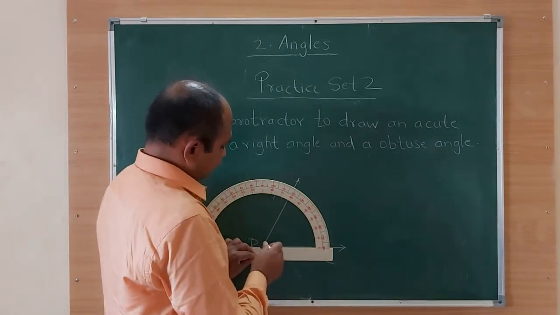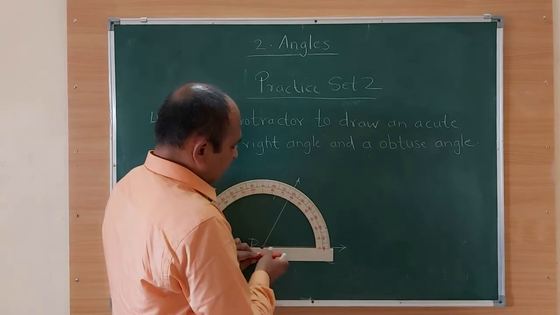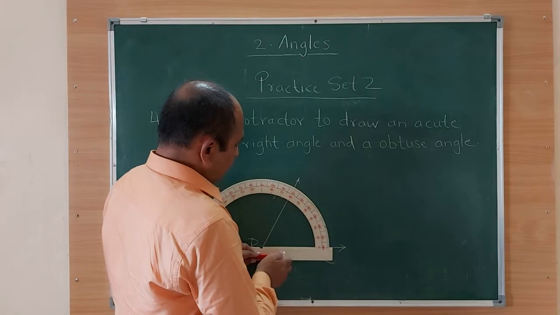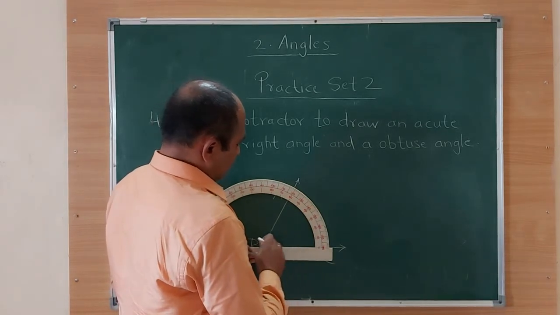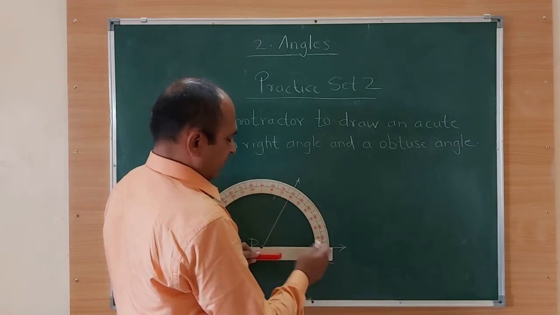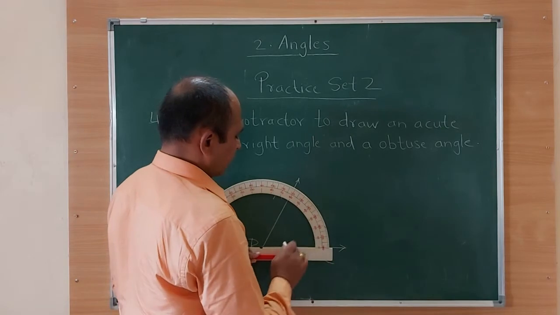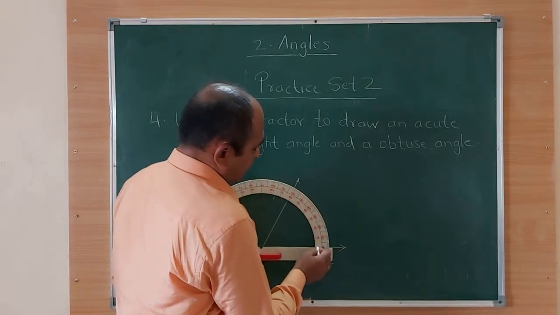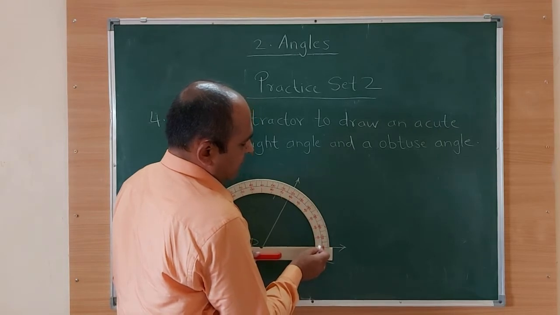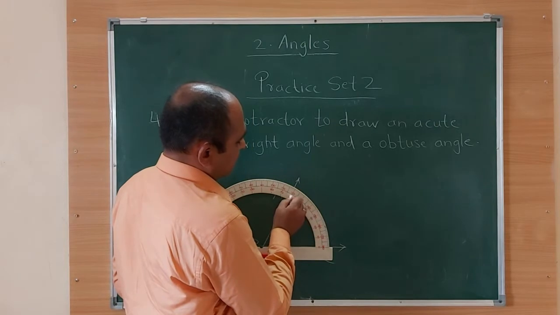Now here, this is the vertex and this is arm BC. Arm BC extends towards the right side of the vertex B. So we have to start from 0. 0, 10, 20, 30, 40, 50, 60.